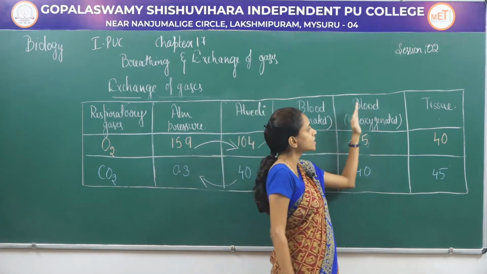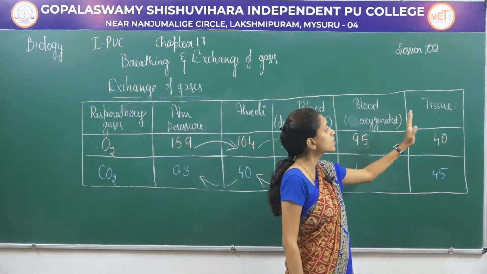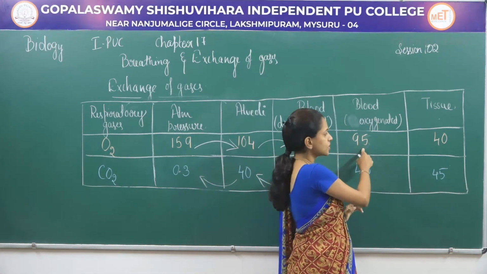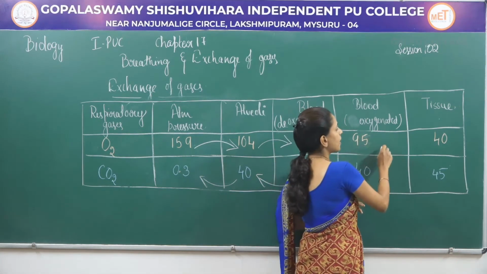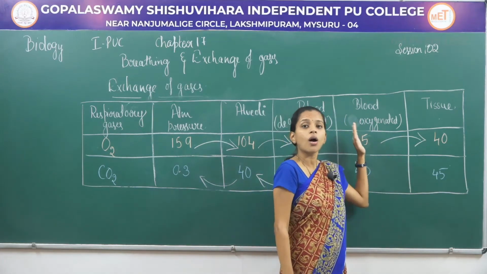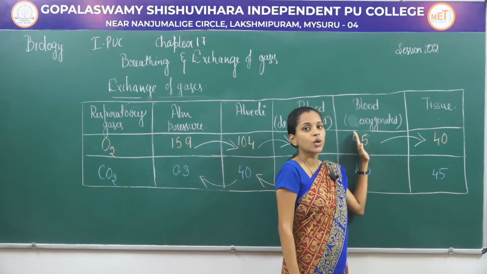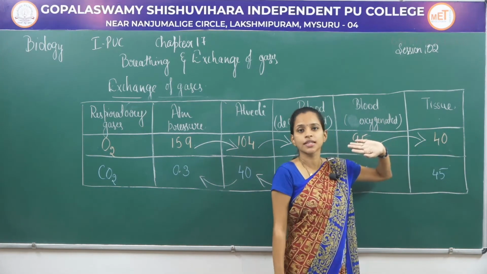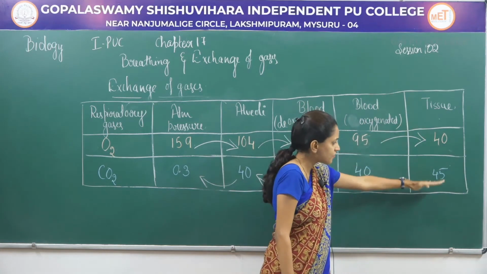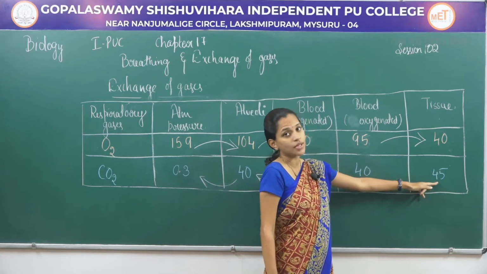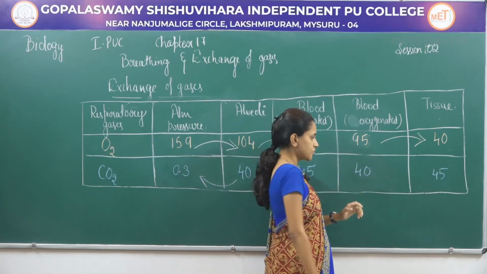Next, when this oxygenated blood comes in contact with the tissue, the concentration of oxygen in the oxygenated blood is more compared to the tissues. So the oxygenated blood will contribute the oxygen into the tissue for metabolic processes. Whereas if you see the carbon dioxide concentration in the tissue, carbon dioxide will be more compared to the oxygenated blood.